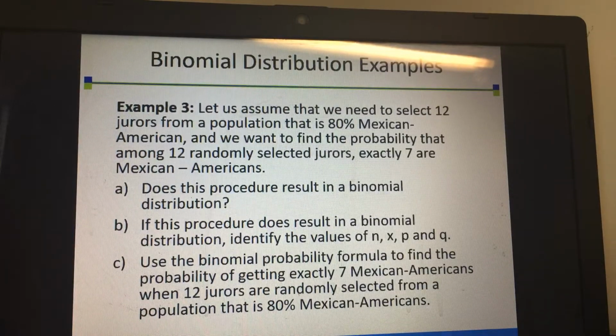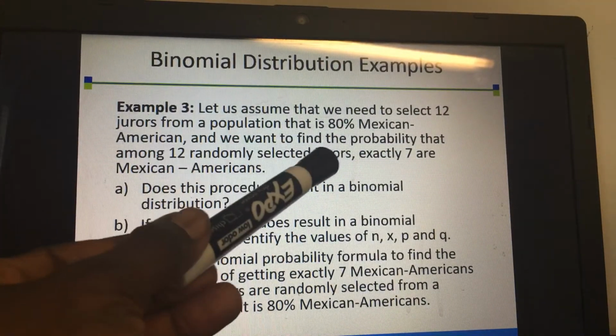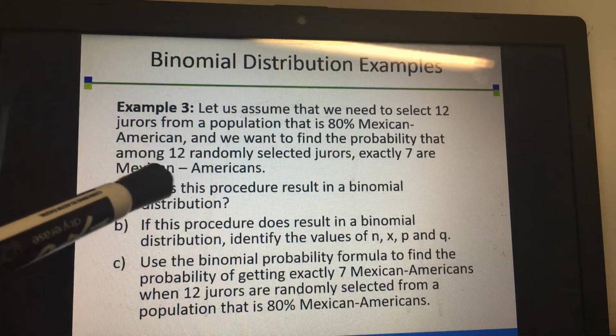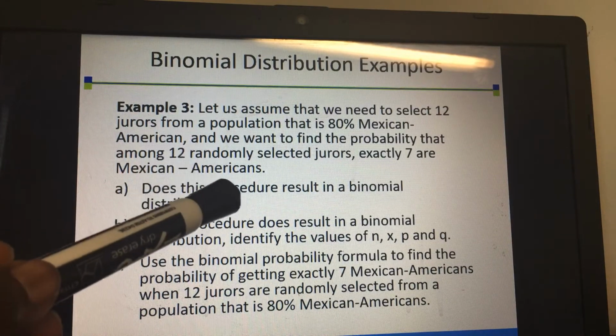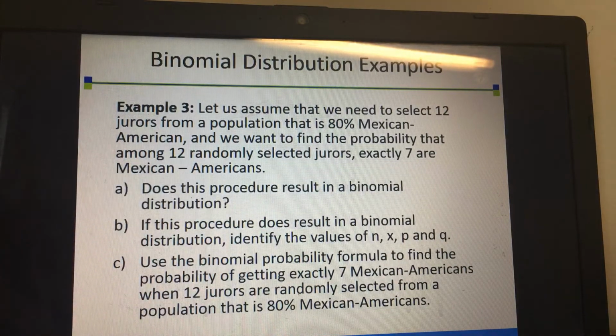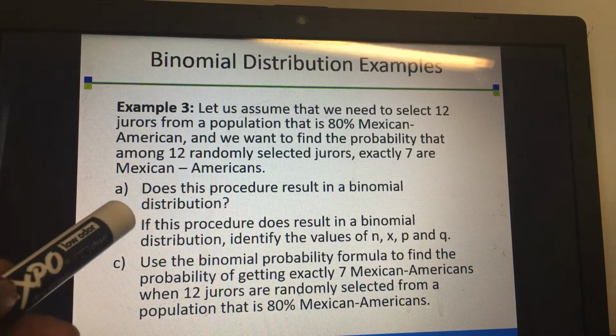This scenario says, let us assume that we need to select 12 jurors from a population that is 80% Mexican American. And we want to find the probability that among 12 randomly selected jurors, exactly 7 are Mexican Americans. Does this procedure result in binomial distribution?